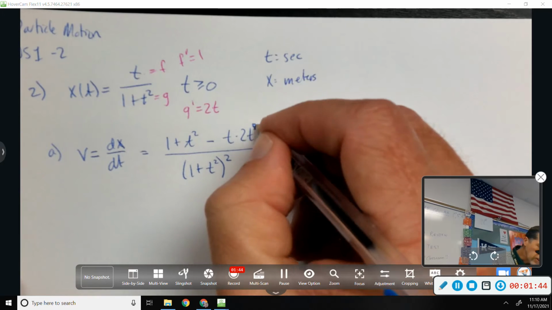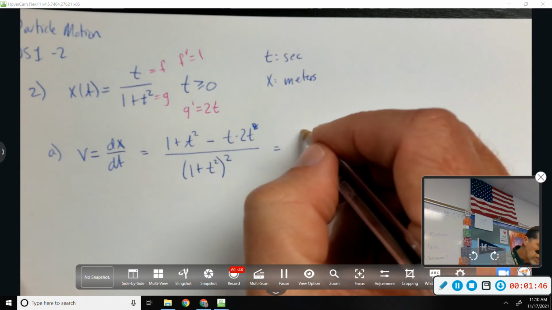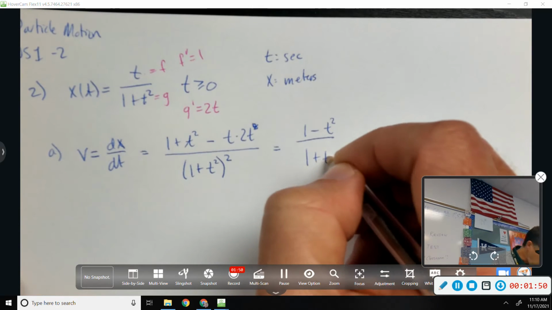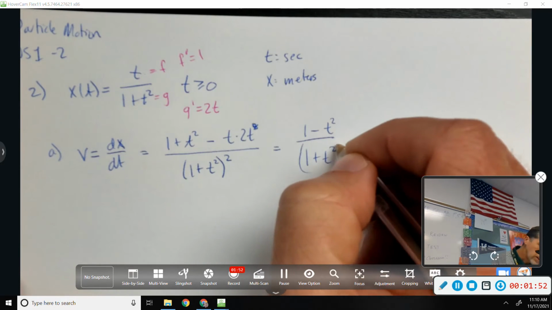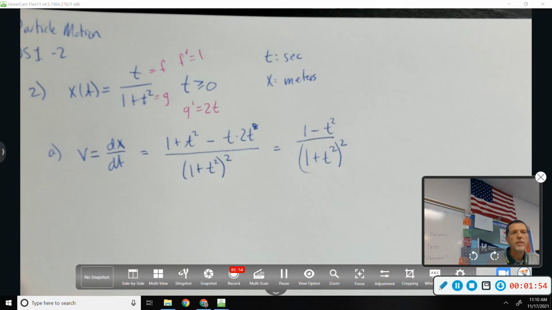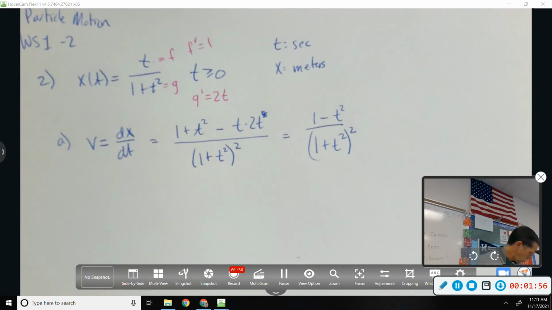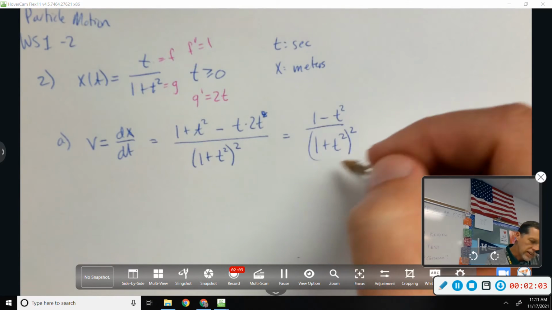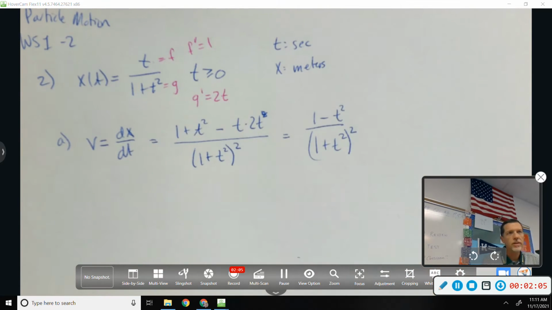Oh, I wrote that down wrong. There we go. So 1 minus t squared over 1 plus t squared, squared. Could that be simplified? I don't think so. I think we're good. Plus, we don't have to simplify anyway, so leave it alone.